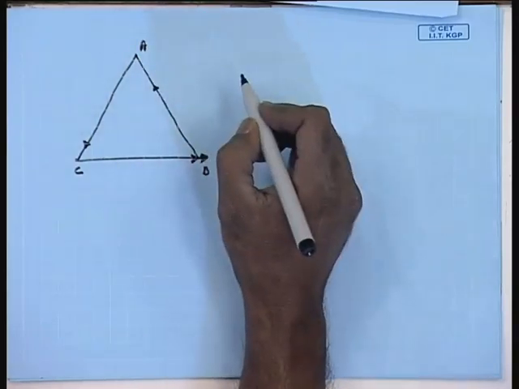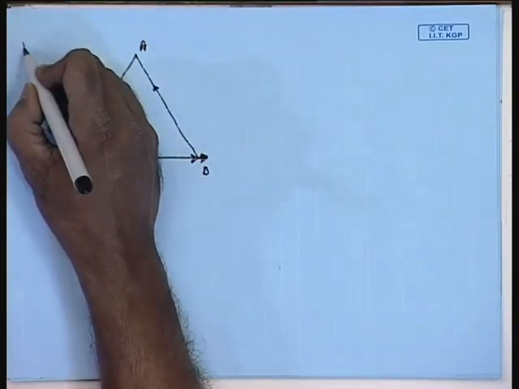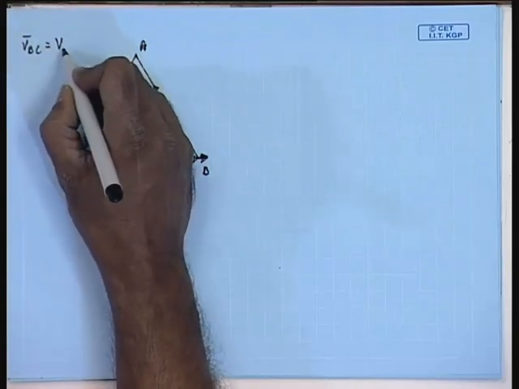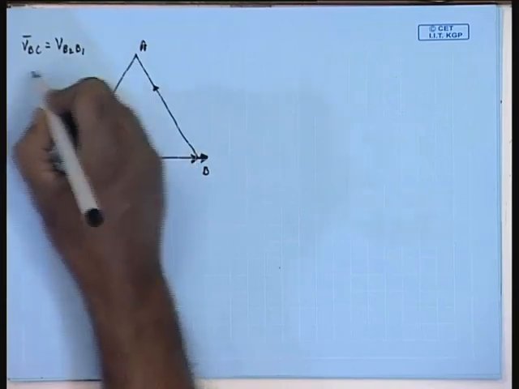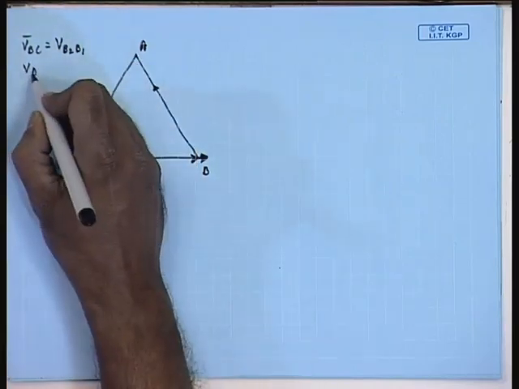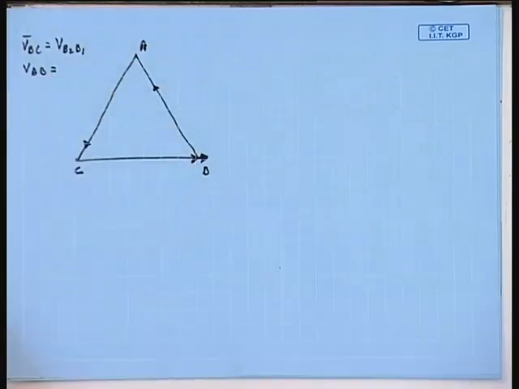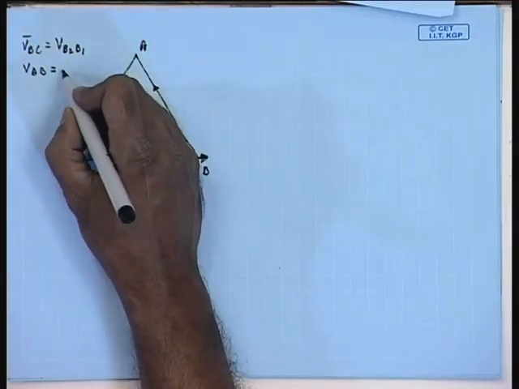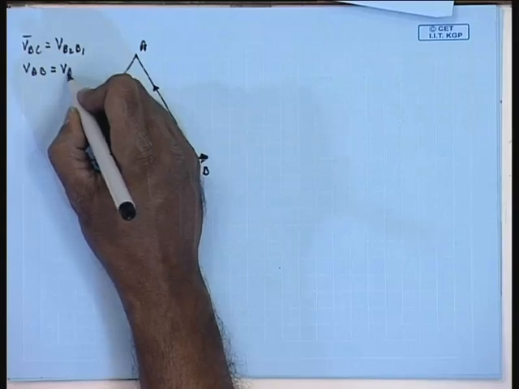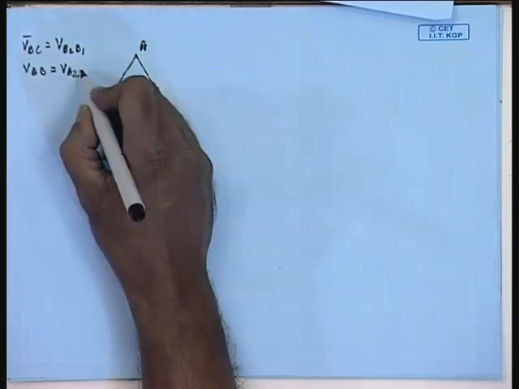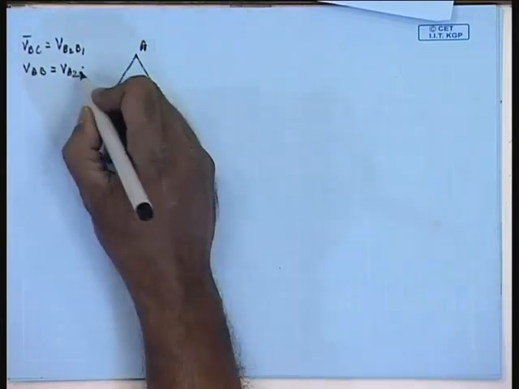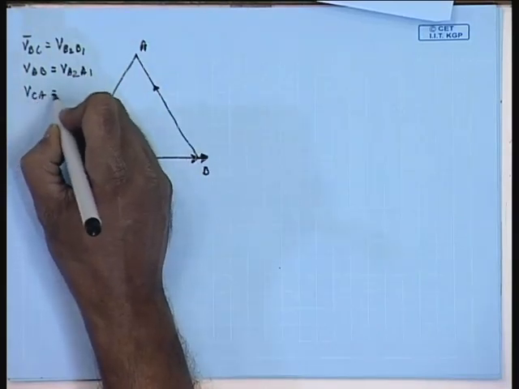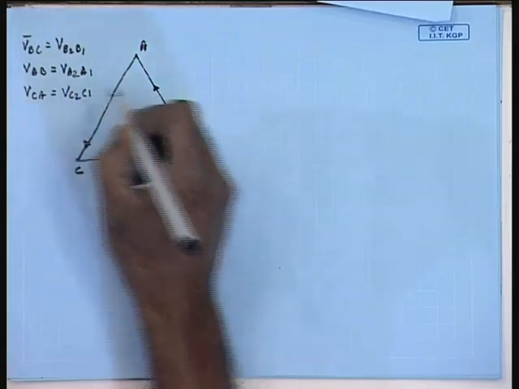So, here we have actually VBC equal to V B2 B1, VAB equal to V A2 A1, and VCA equal to V C2 C1.